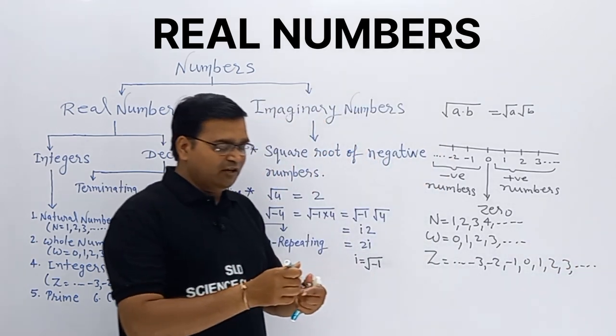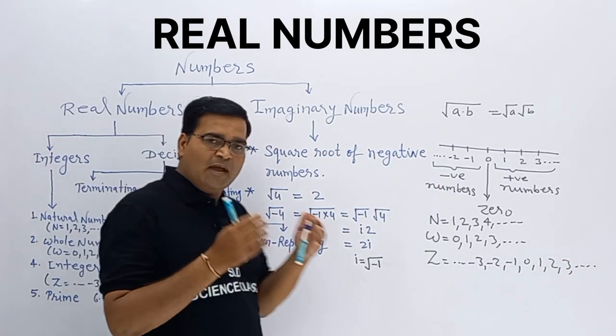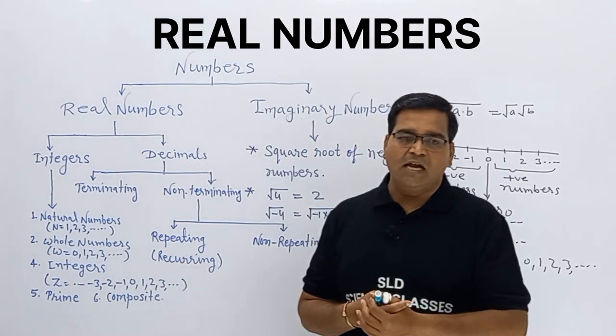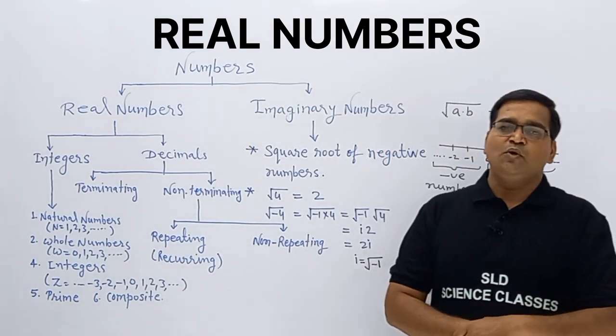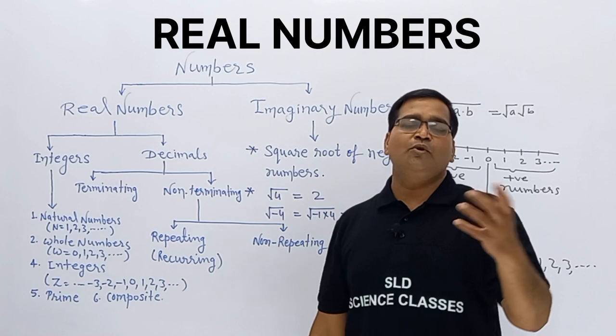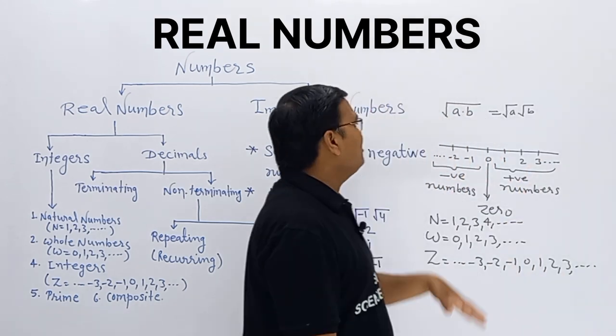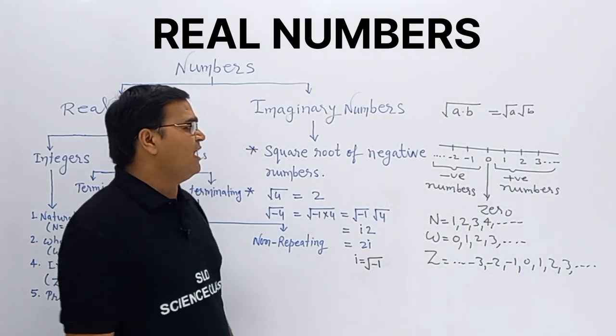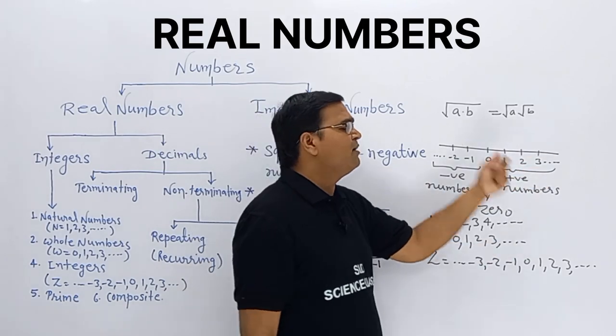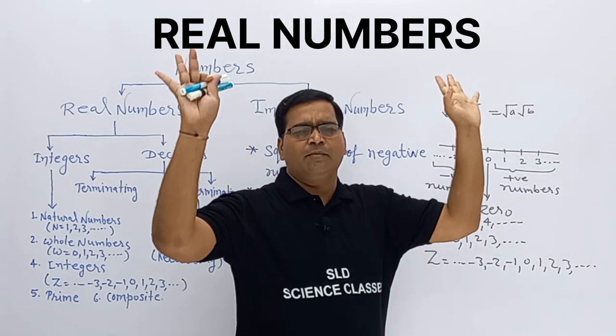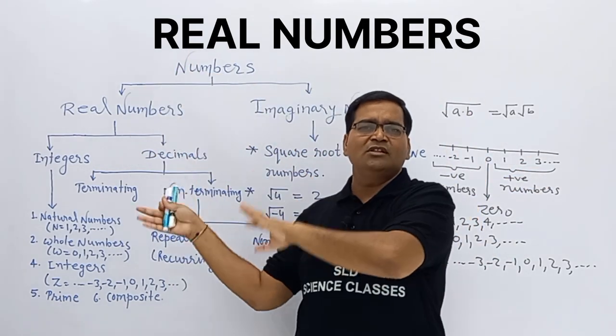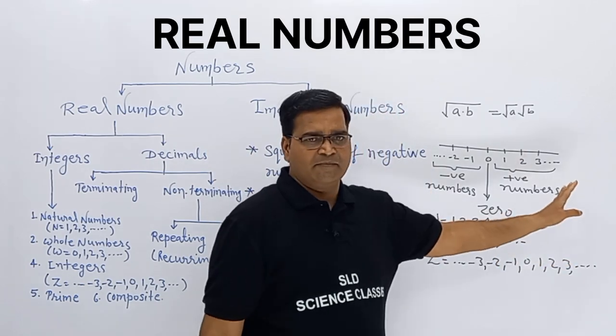So listen carefully what I am saying. I am having one topic there, real numbers, and real numbers are two types, either integers or decimals. For understanding this one, we first know the number line. This is the horizontal number line having so many numbers. All numbers, integers and decimals, are on the number line.